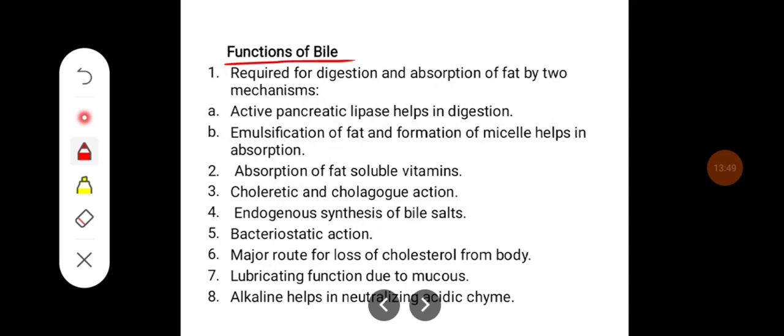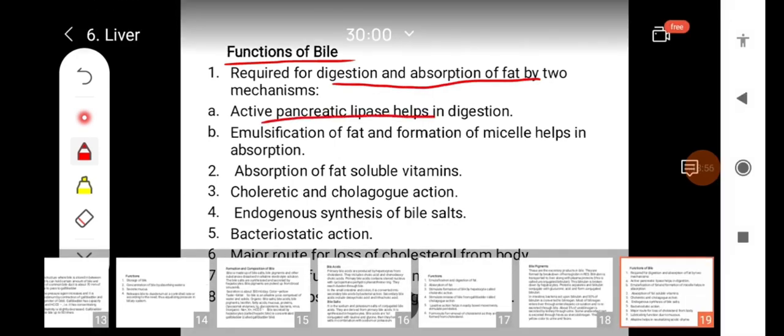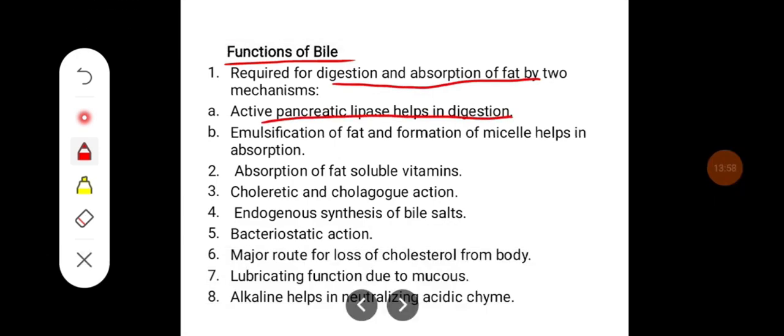Functions of bile. It is required for digestion and absorption of fat by two mechanisms: by activating pancreatic lipase, and by helping in emulsification of fat and formation of micelles, which helps in the absorption of fat. So it also helps in absorption of fat soluble vitamins.